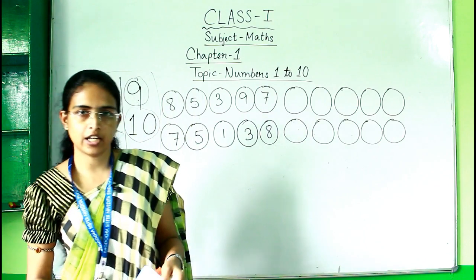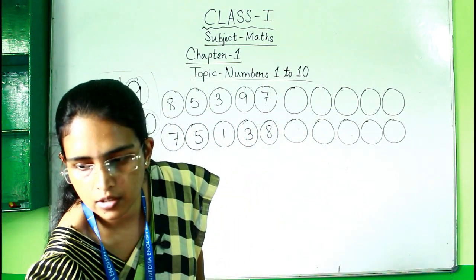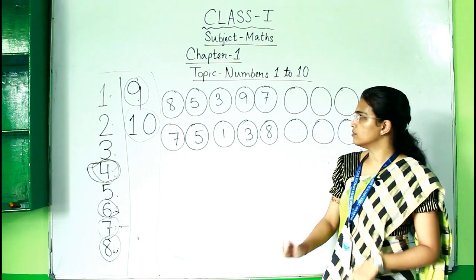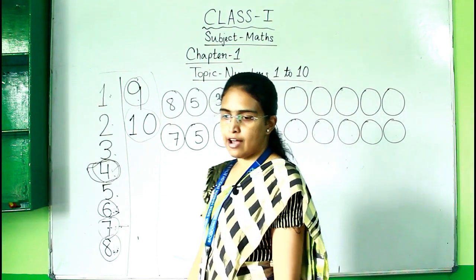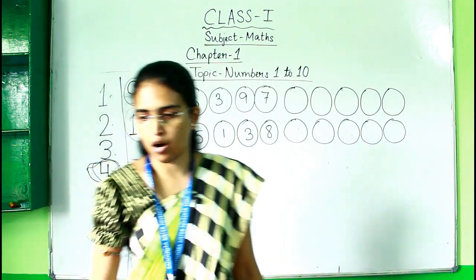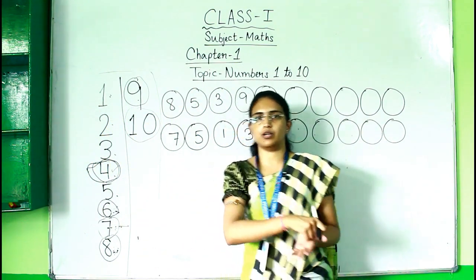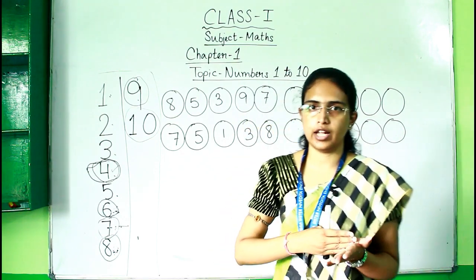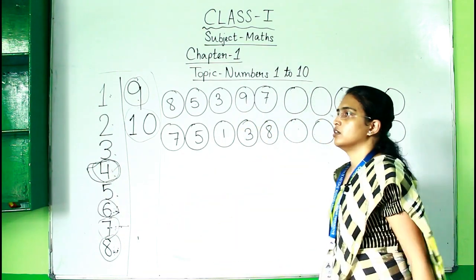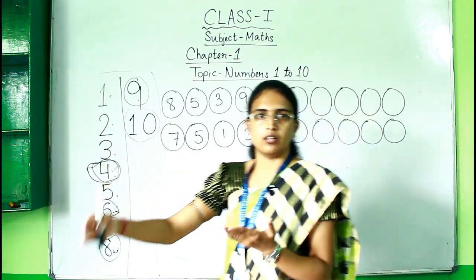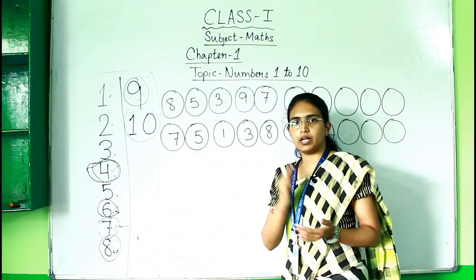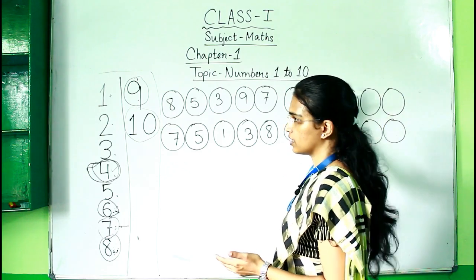Okay, now everyone look here, look at the board. All of you. Now we have to find out the smallest number, okay? We have to write from the smallest to the biggest. छोटा से बड़ा. जो छोटा नंबर है वो हम लोग पहले लिखेंगे, जो बड़ा नंबर है वो हम लोग लास्ट में लिखेंगे.